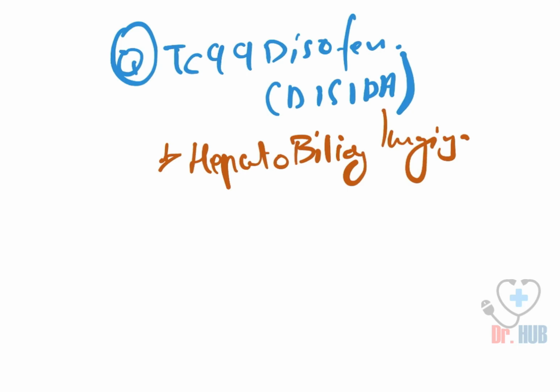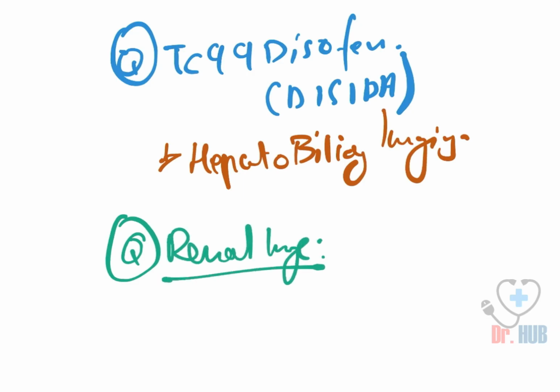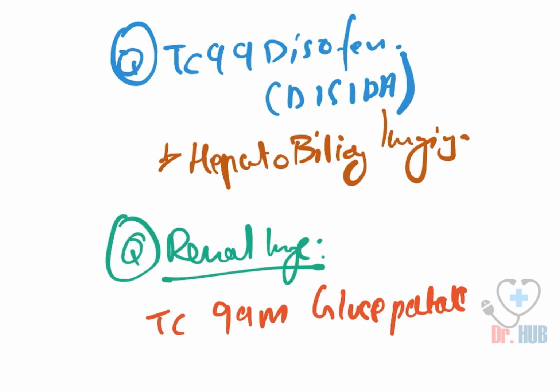Next, we also have renal imaging. The renal imaging is done by the TC99M gluceptate, also the TC99M mertiatide.